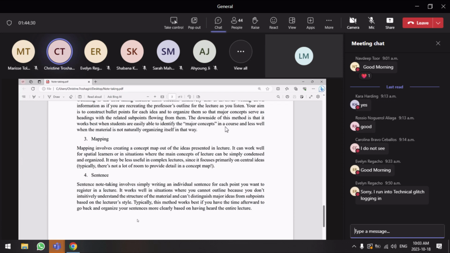So maybe you wrote a sentence while your instructor was explaining. However, after your instructor explained the overall concept or topic, once you go back to that sentence, you might tell yourself, oh, I can write this sentence in this way so that when I am later reviewing those sentences, I can understand them better.